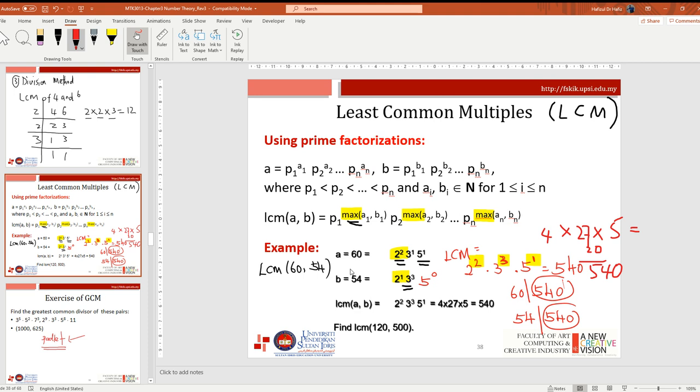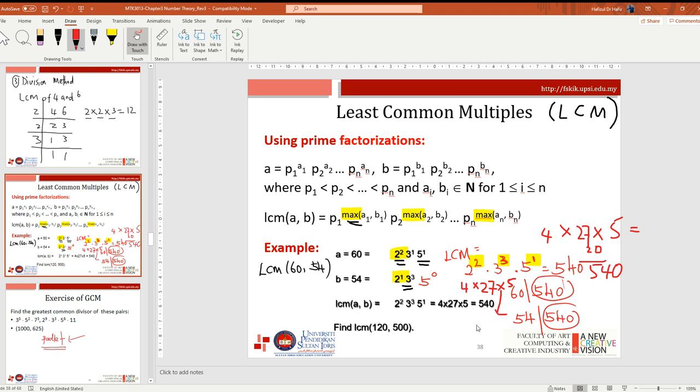For the prime factorization of 60, 2 to the power of 2, 3 to the power of 1, 5 to the power of 1, and then we choose the maximum, 2 to the power of 2, and 3 to the power of 3 and 5 to the power of 1, and then we got 540. 2 to the power of 2 is 4, multiplied by 3 to the power of 3 is 27, and multiplied by 5.